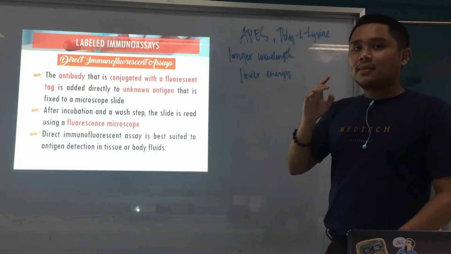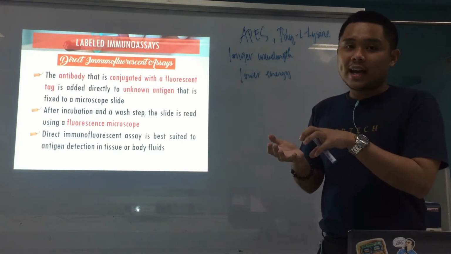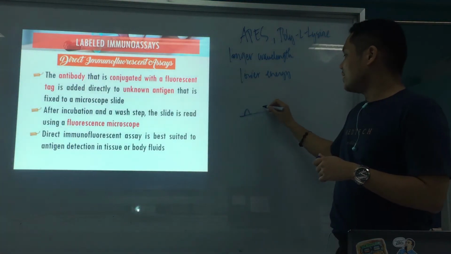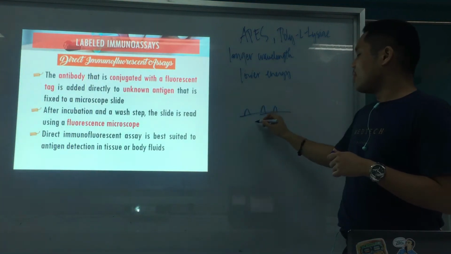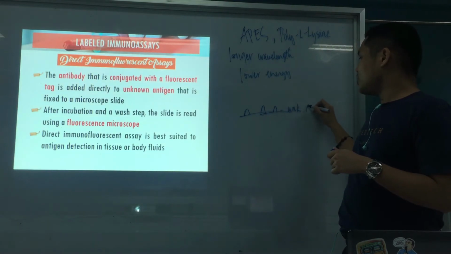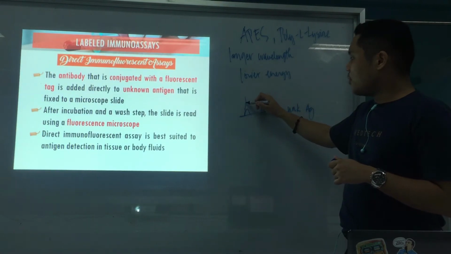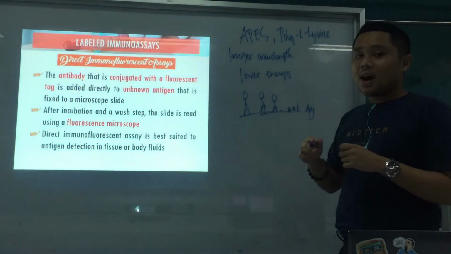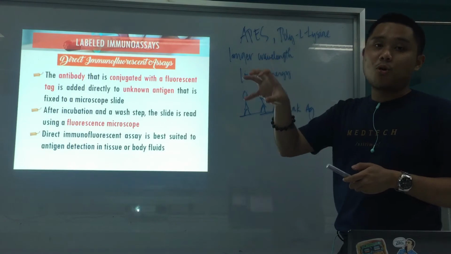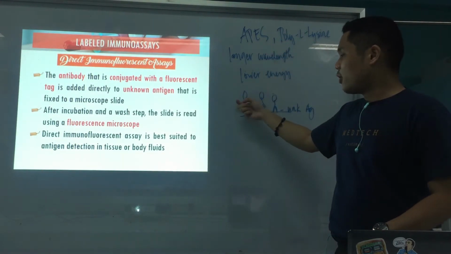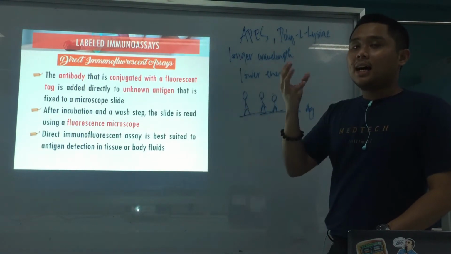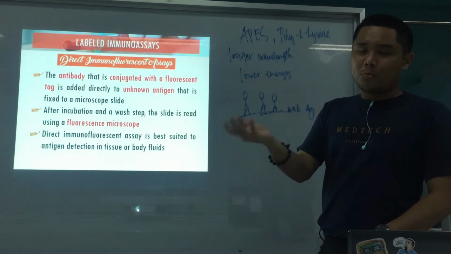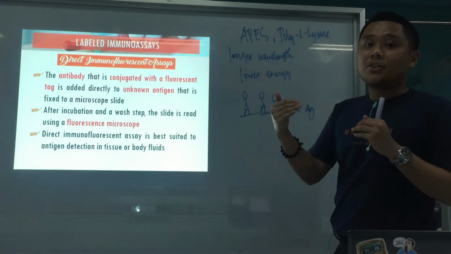And aside from that, it is direct, meaning the reaction happens immediately. To the unknown antigen on the microscope slide, you directly add the antibody with a fluorescent probe. The fluorescent labeled antibody participates in the antigen-antibody reaction right away.